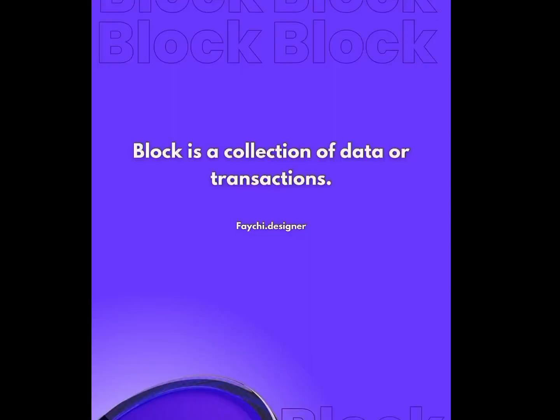So what is blockchain? Blockchain is a very transparent record book that when something is written on it, it cannot be changed or altered. Now, before I give a very detailed explanation of what blockchain is, you need to know that blockchain is a combination of two words, right? Block and chain. Now, a block in itself is a collection of data or transactions.